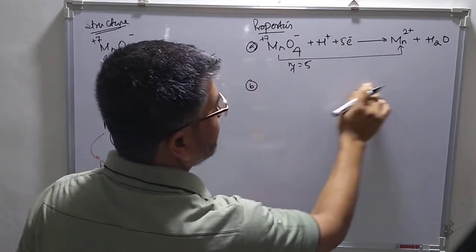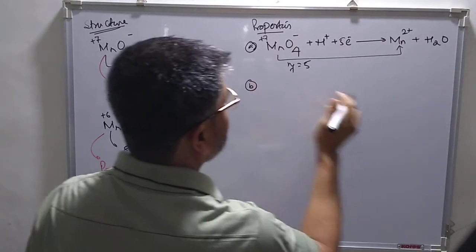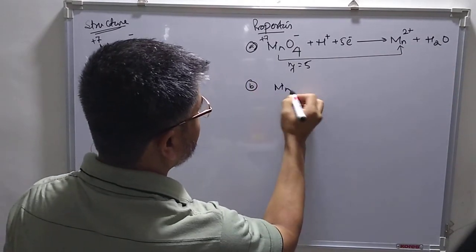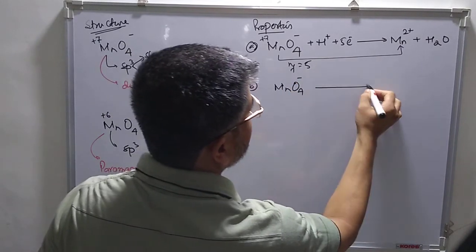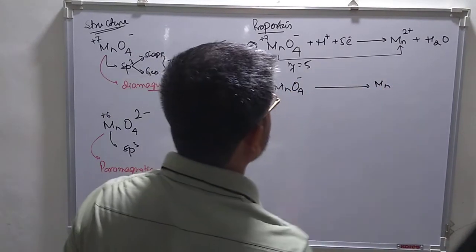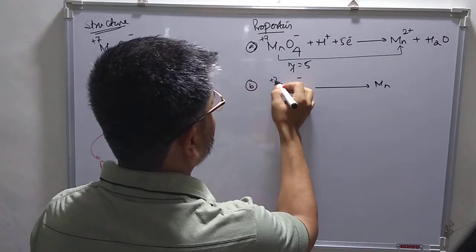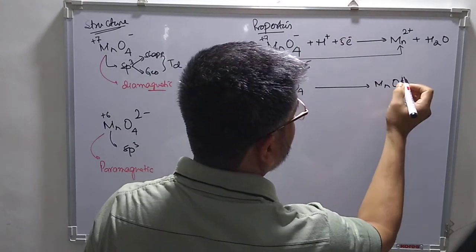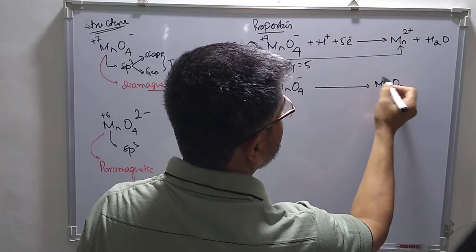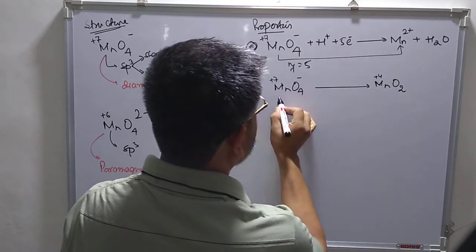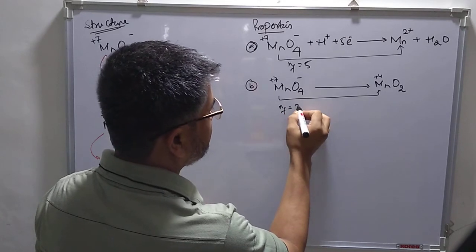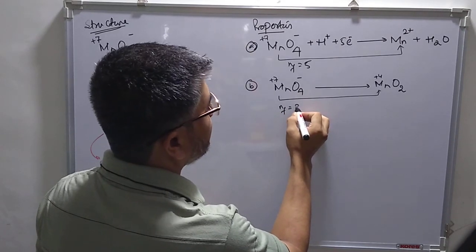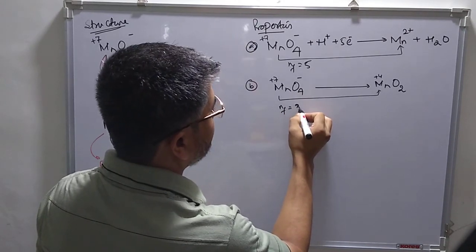Now, in alkaline medium, MnO4 minus changes to MnO2. So there is a change of 3 electrons, so the n factor is 3 here.